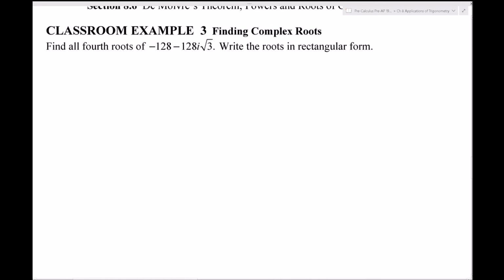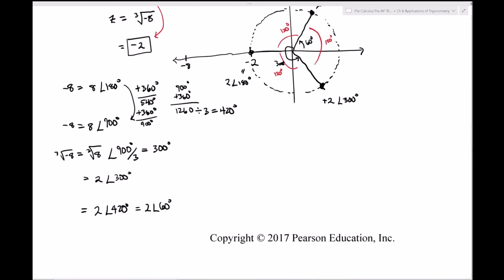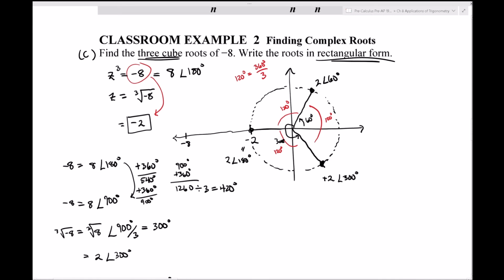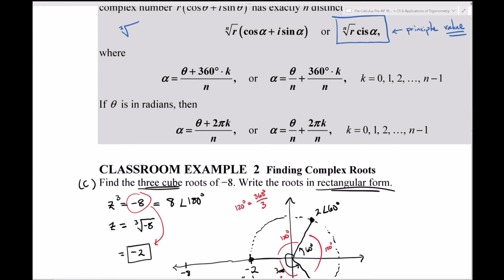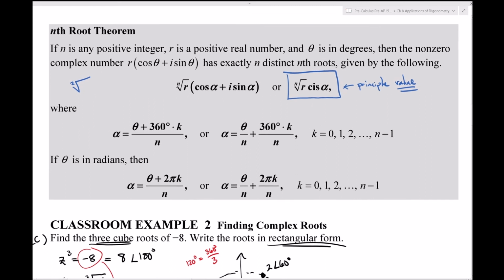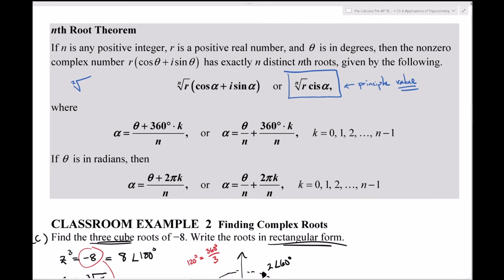So we'll move on. Before we move on though, this actually can be extended to all level roots, or natural number roots. And that's what this theorem is about. This is really elaborate, but this is like a programming way to find all of them. So this is a way to set up on a computer how to find all roots. But the idea is you're going to add to the original angle 360 a bunch of times, and you're going to divide the result by the level of the root, the nth root.